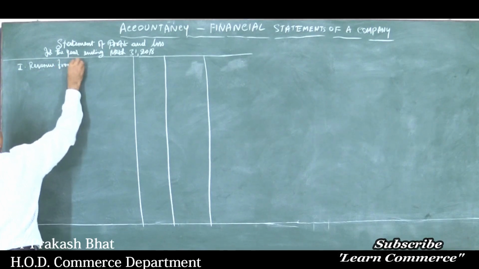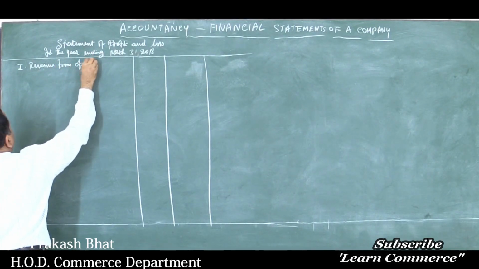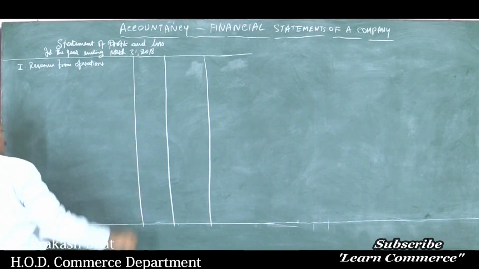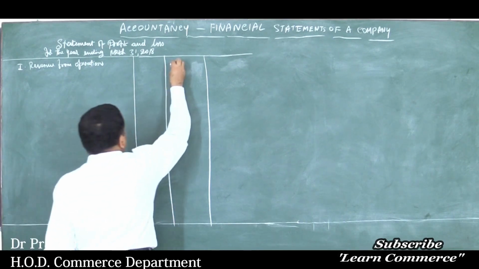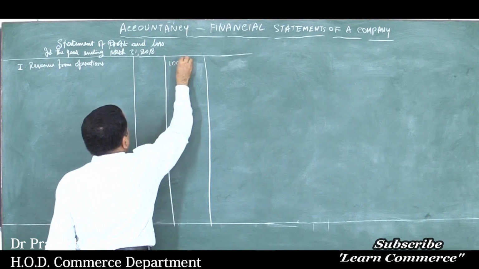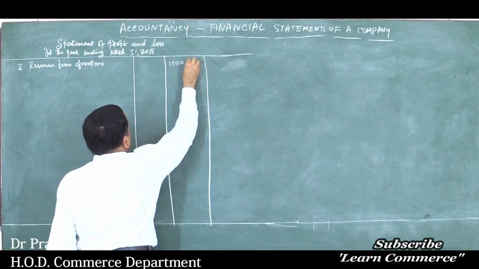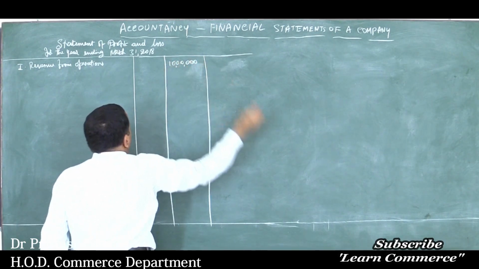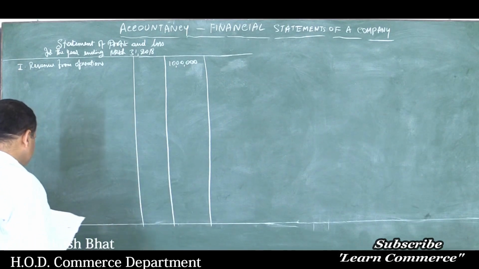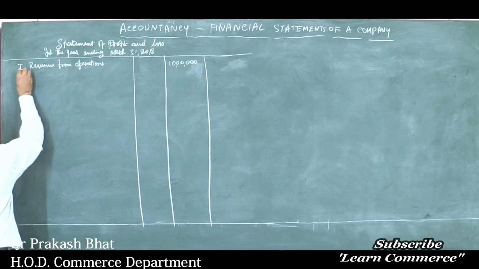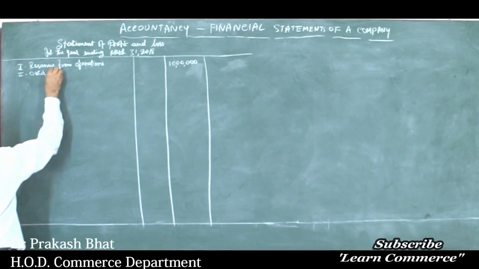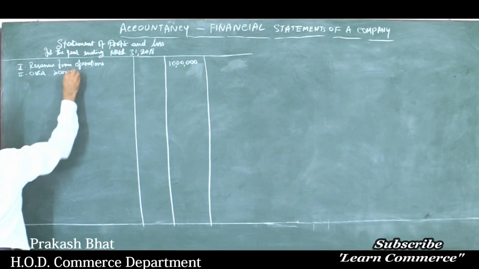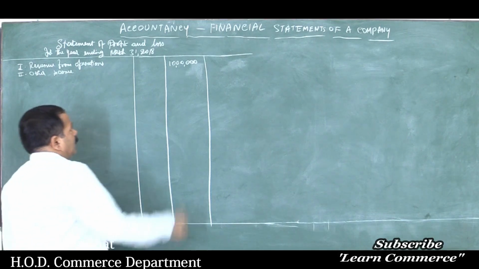Write the amount, how much is it? 10 lakh. Then other income, second one. Whether there is other income? No, so nil.